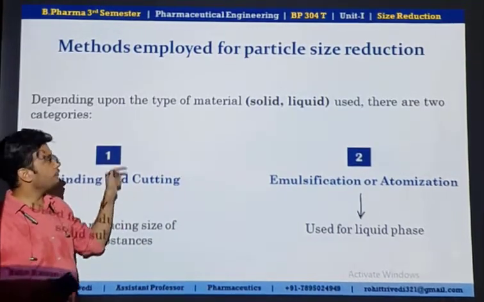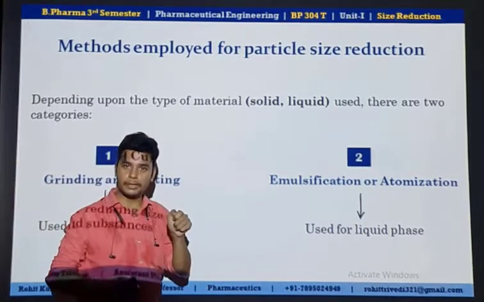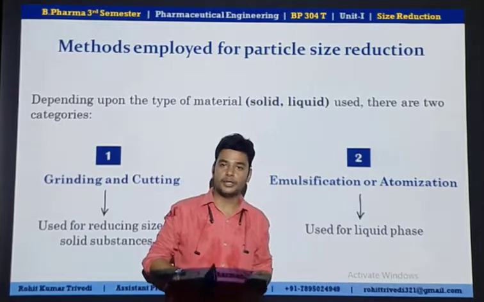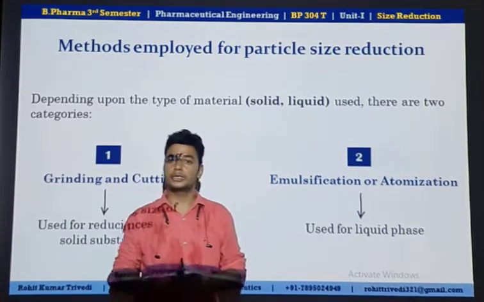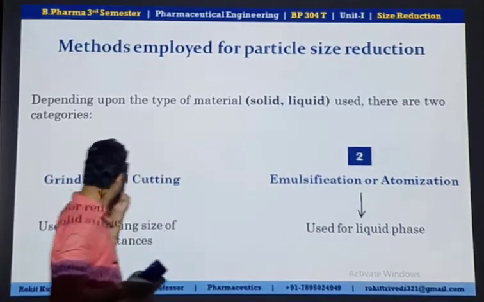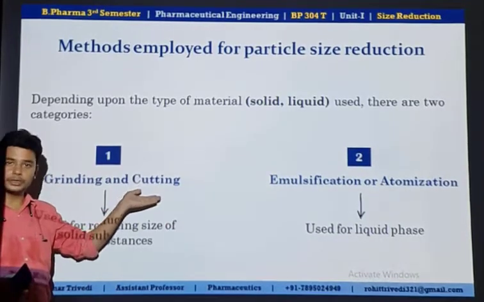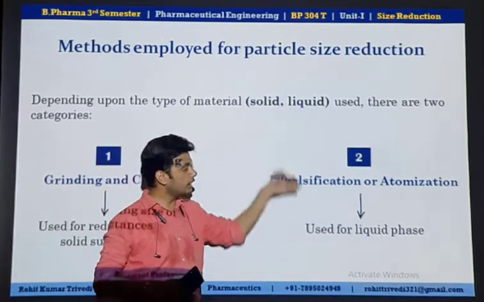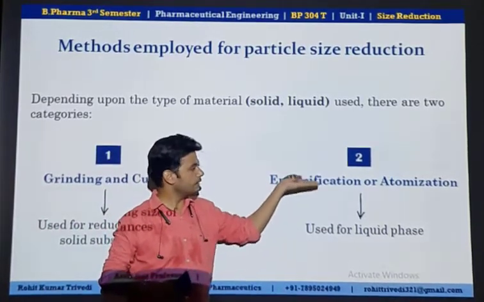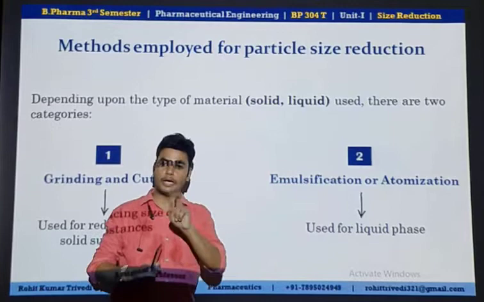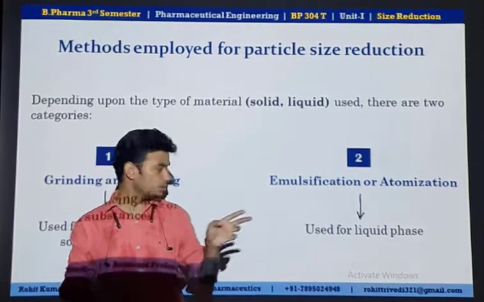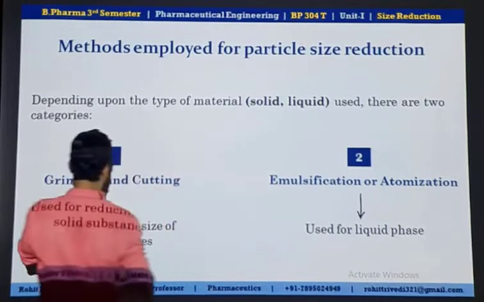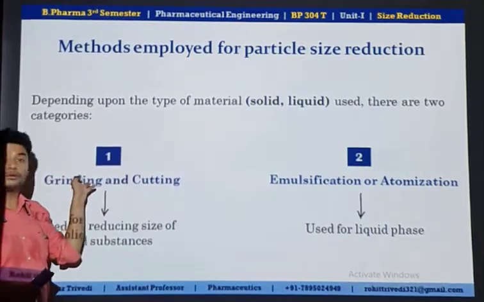When we are reducing the size of liquid droplets, we use the terms emulsification or atomization. You are required to remember these two things. You cannot use emulsification for solids, and you cannot use grinding for liquids.